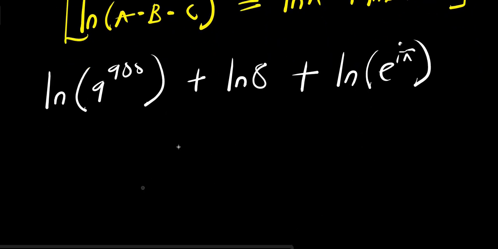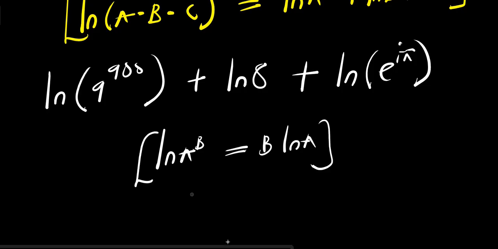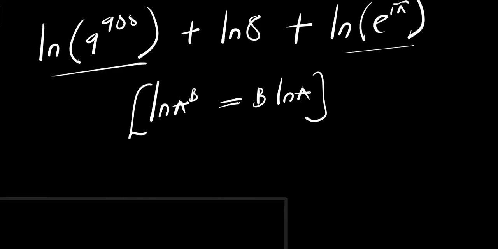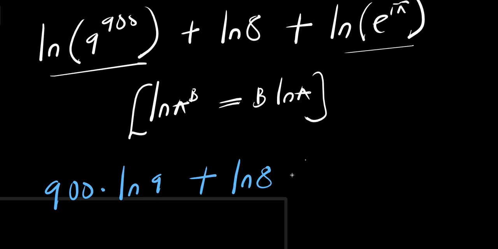So from here, if you have natural log of a power b, this equals b times natural log of a. So we are going to apply that identity here and here. That means I'm going to have 900 times natural log of 9 plus natural log of 8 plus i times pi times natural log of e.